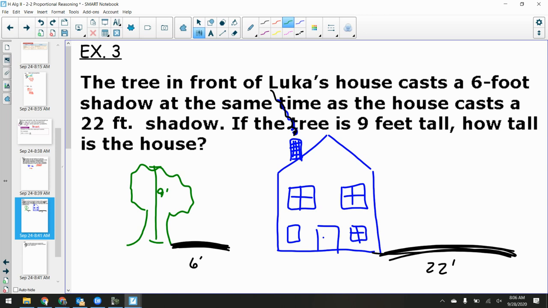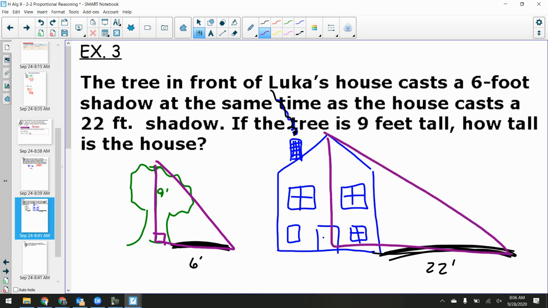All right, so we could set up a proportion. Now, if I was thinking about this geometrically, aren't these similar figures? I could draw a right triangle within each of these pictures.